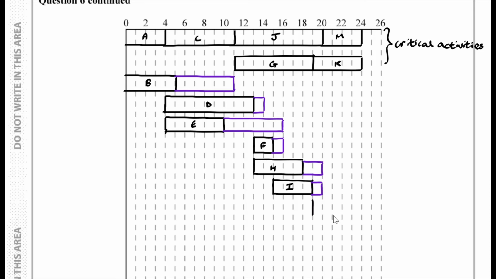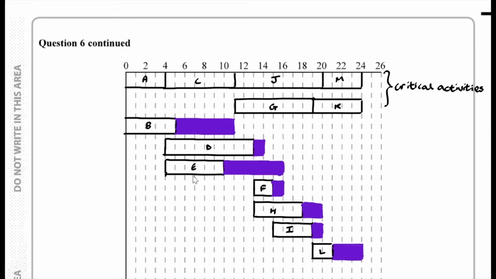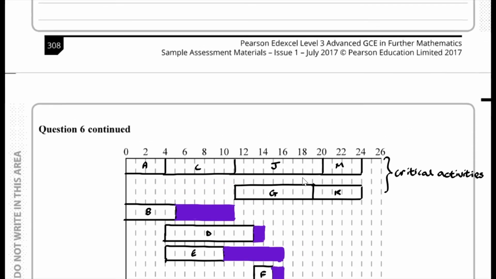So if we add that in, this over here is L, and then we have the extra float taking us up to 24. So that's over here. Okay, just tidy this up, and what I'll do now is I'll quickly shade in everything. So there's your Gantt chart completed. Okay, that's as neat as I can get it.